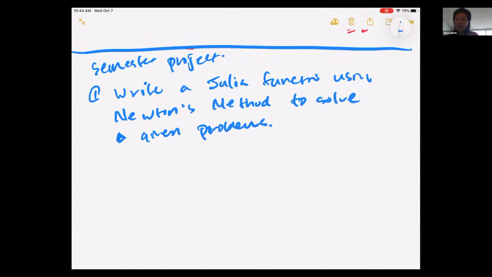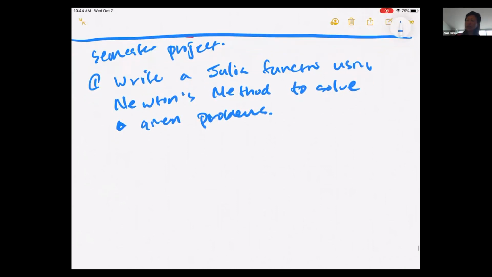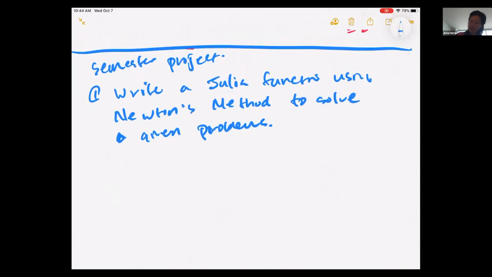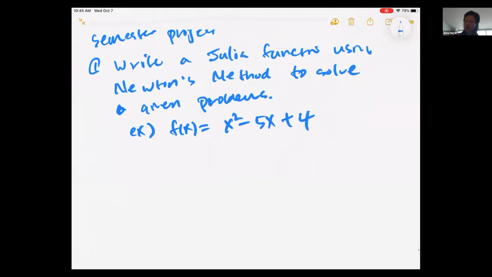I didn't give you all the problems yet, but I want you to try with this easy one that you already know. So for example, the one that we chose is this. All right, using that, that's the problem that we chose.